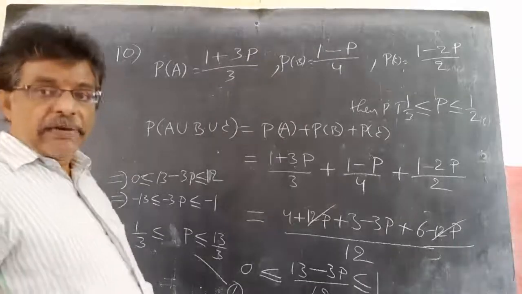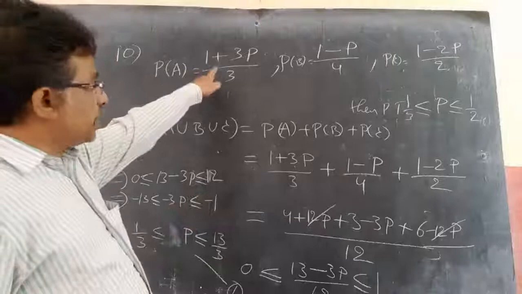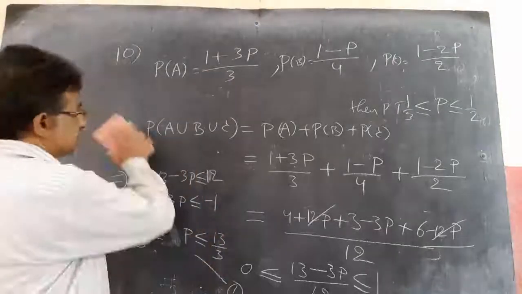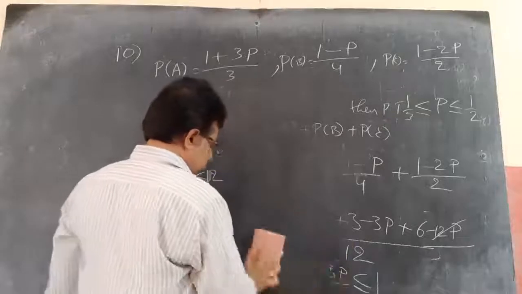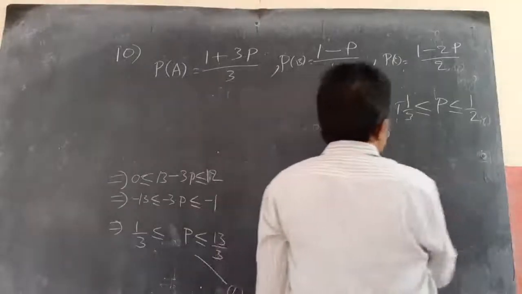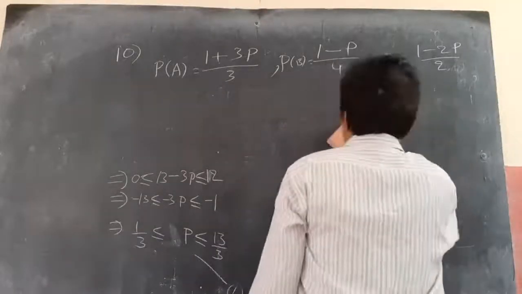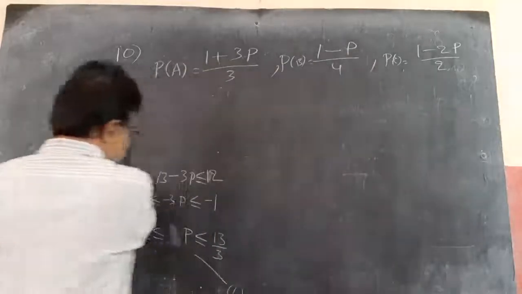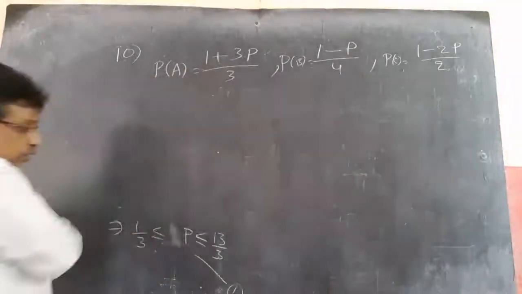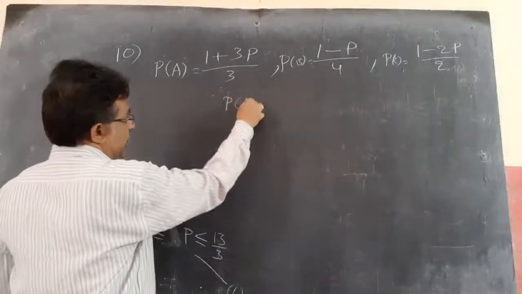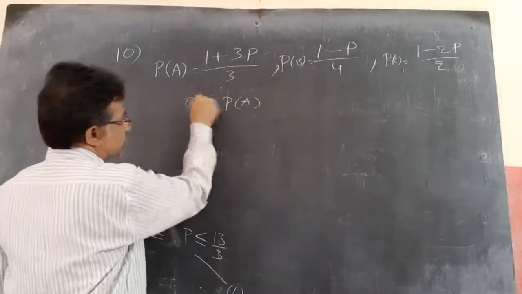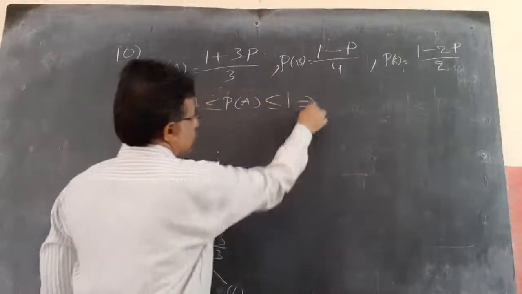Now I will take the second condition, 1 plus 3P by 3. That is also a probability, which lies between 0 and 1. So the second condition is P of A is also a probability which lies between 0 and 1.